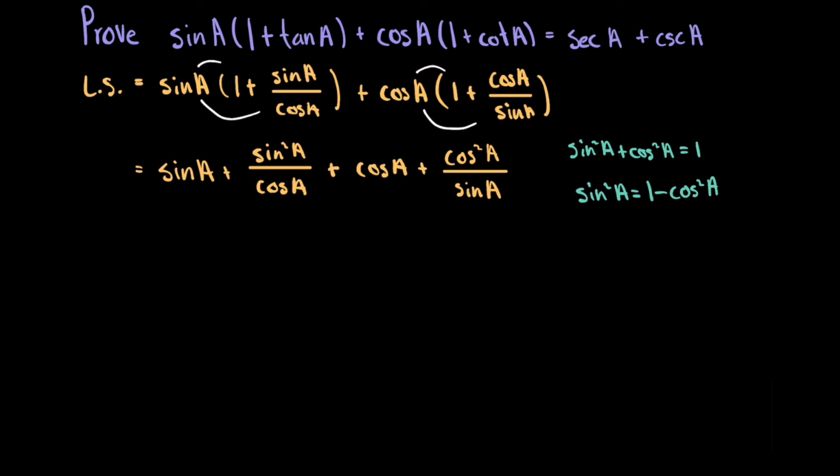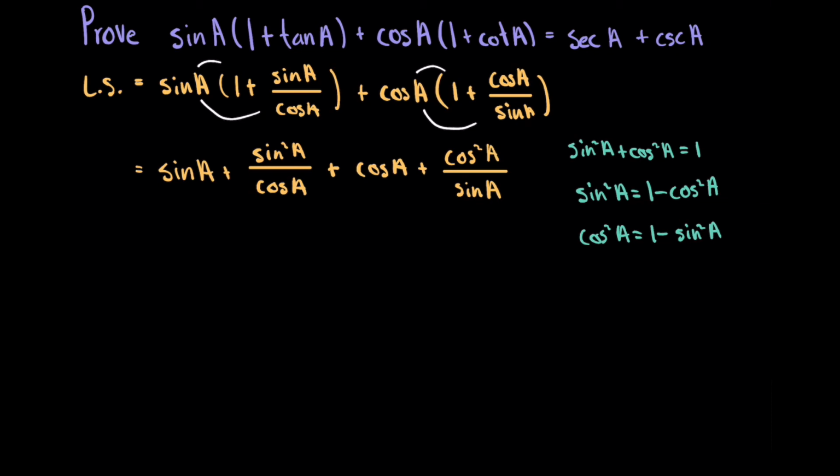And similarly over here, we have cosine squared A over sine A. We want to express the cosine squared somehow in terms of just sine. And for this, we're going to move the sine to the right-hand side. As we did with the cosine in the previous, we're going to get that cosine squared A is equal to 1 minus sine squared A. Now we make the substitutions into the equation to simplify it.